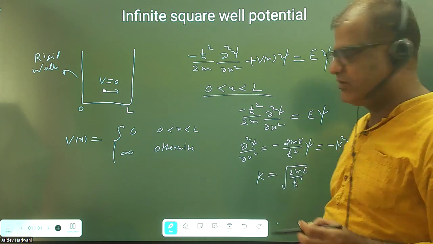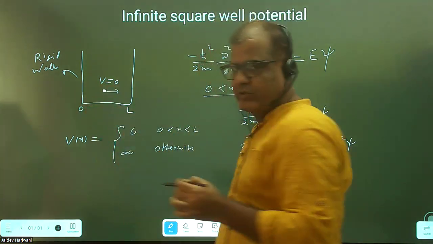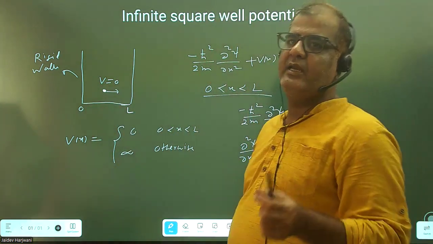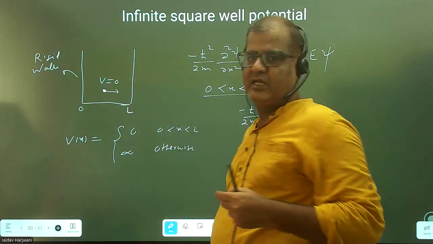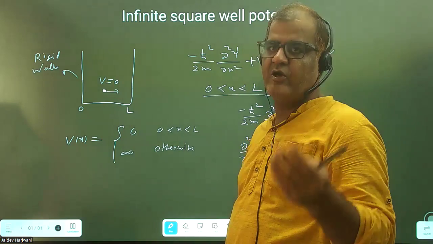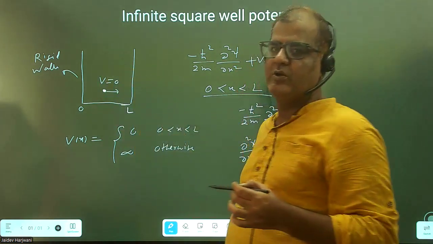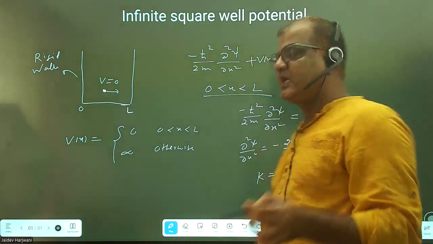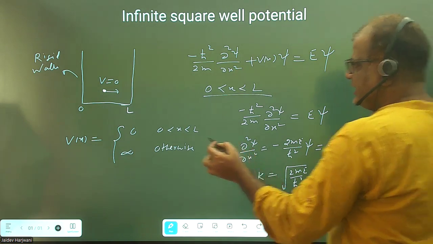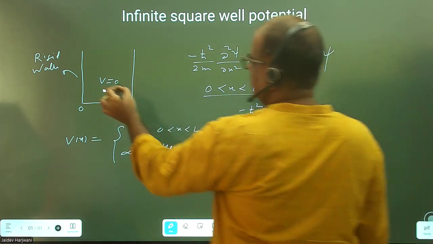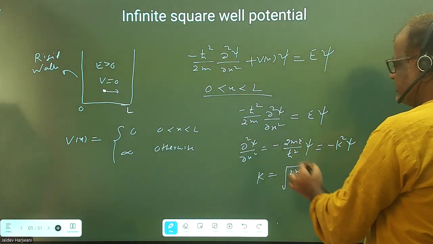In my last problem we showed that for a normalizable solution, the total energy for a bound state cannot be less than V minimum. V minimum here is 0. That means my energy has to be positive. Inside the box, your E is positive, so this k is also positive.